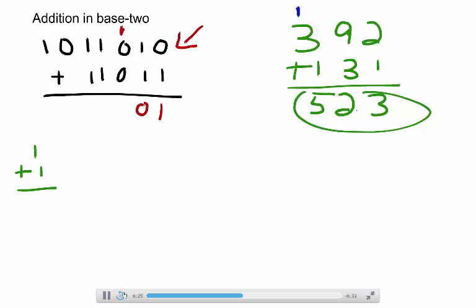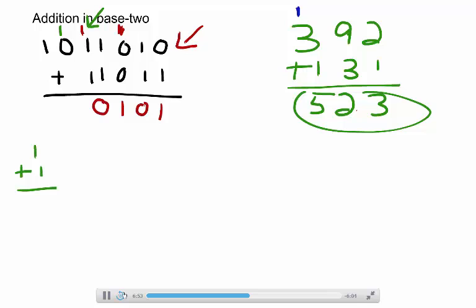Continuing on, 1 plus 0 equals 1. And now we have 1 plus 1, which is 2. We carry the group of 2, the remainder of 0. And now we have 1 plus 1 plus 1. 1 plus 1 is 2.